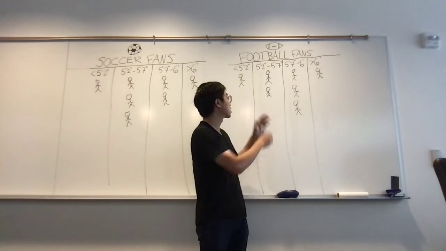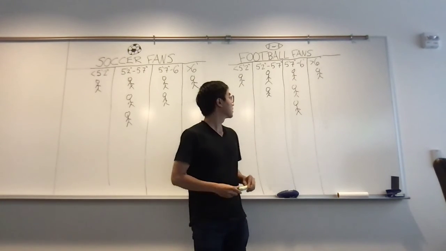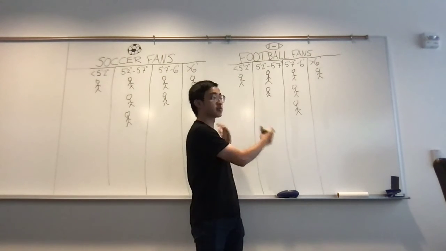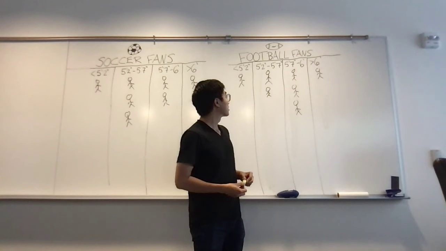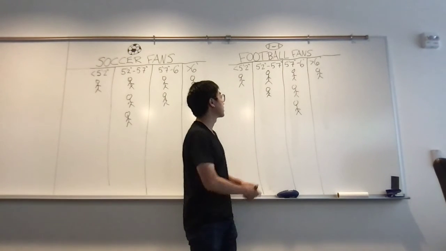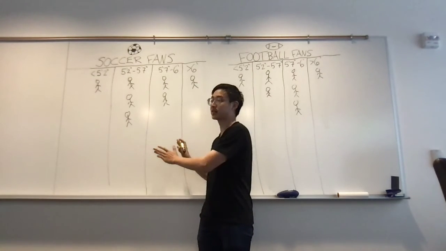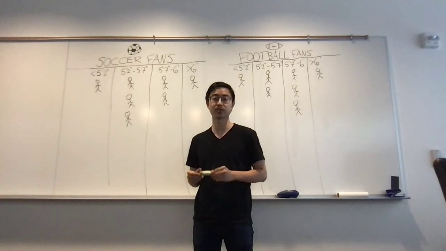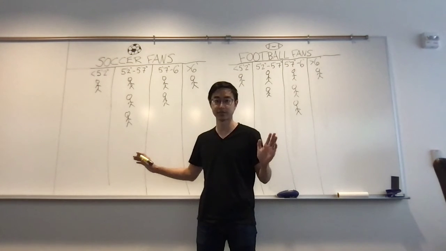Now, because of the small number of individuals, we might attribute this difference in height to statistical uncertainty. So you want to ask students if they think that the alien can conclude that football fans are in fact in general taller than soccer fans. And the answer should be no, because of statistical uncertainty, which comes from pure randomness.